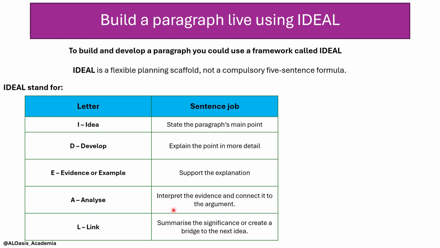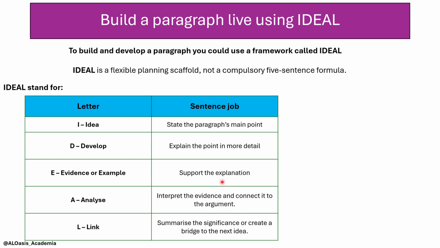And then you analyze. And here you will analyze the examples you gave. So for example, if you referenced a paper, you need to interpret the evidence, the paper that you've mentioned, and then connect it to the argument. Your argument is, in this hypothetical example, that recorded lectures are good for the students. So that's your main argument.